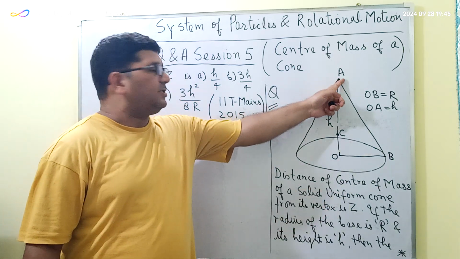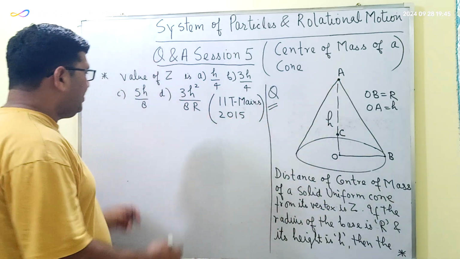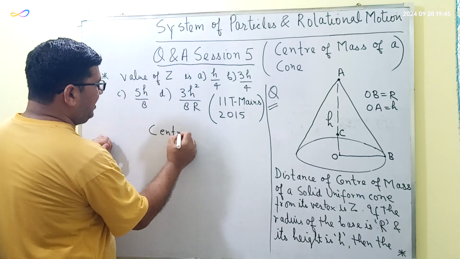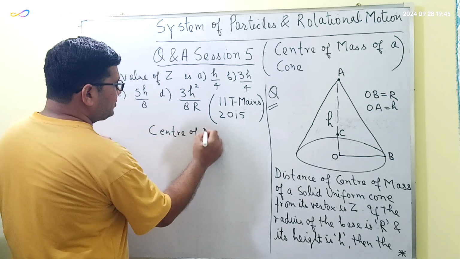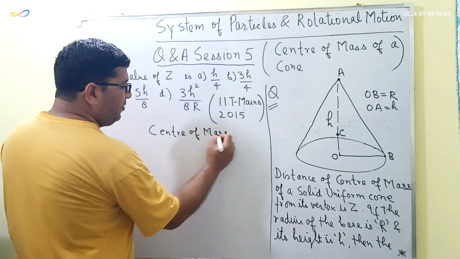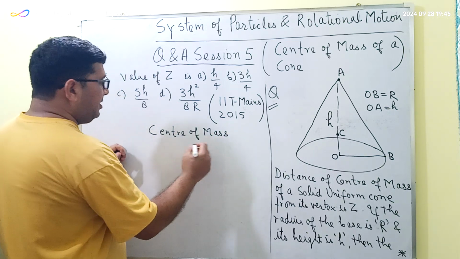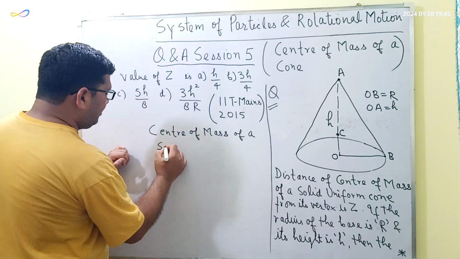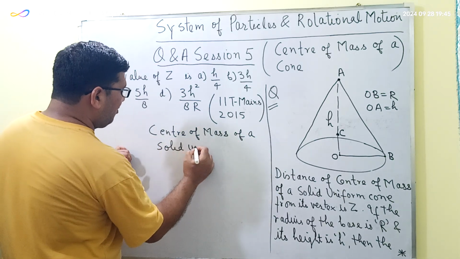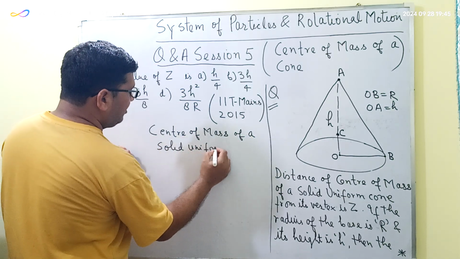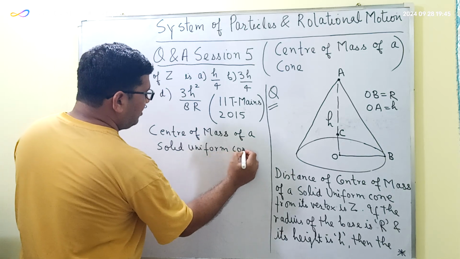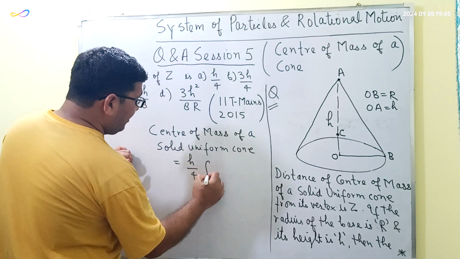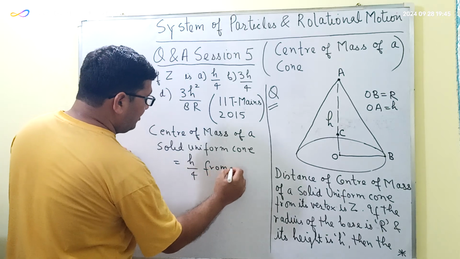Vertex is this point, that is A. So we know that the center of mass of a solid uniform cone is at h by 4 from the base of the cone.